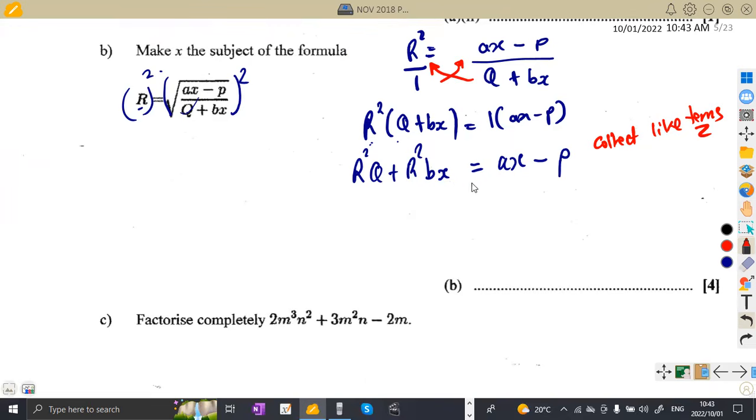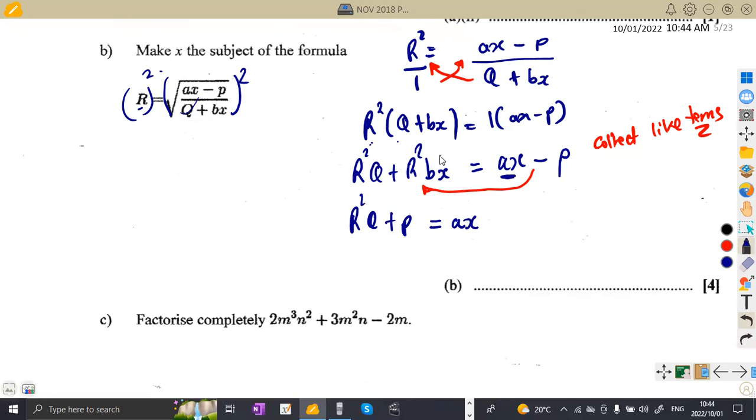So how do I avoid that? I'm just going to take the negative p to this side of the equation. So it is going to be r squared q, the minus p to this side is going to be a plus p, which is equal to ax.